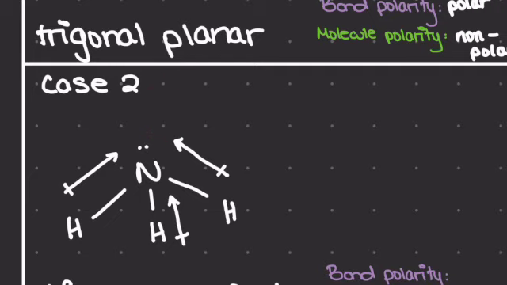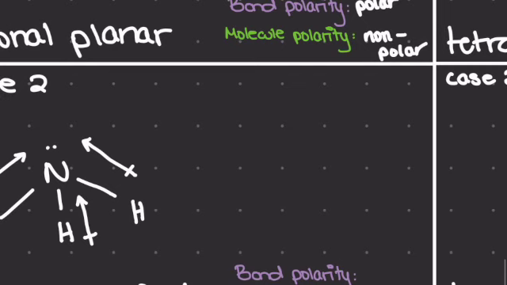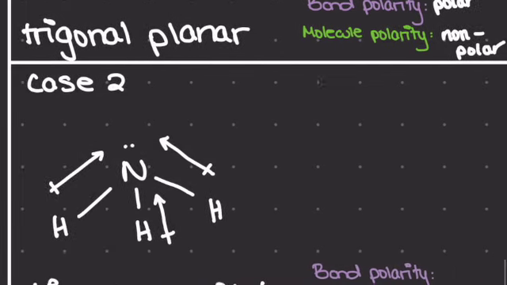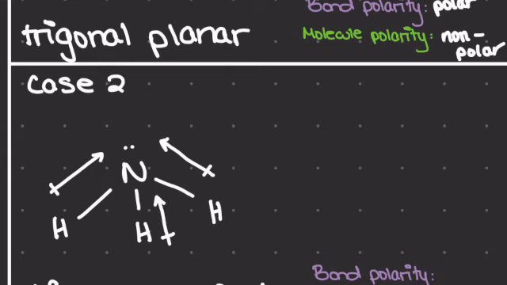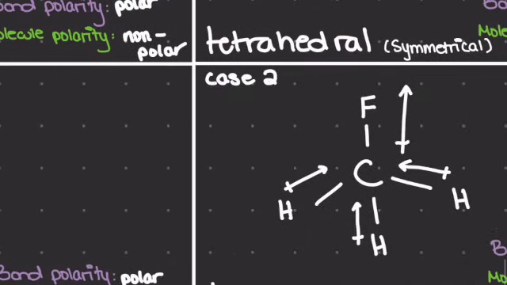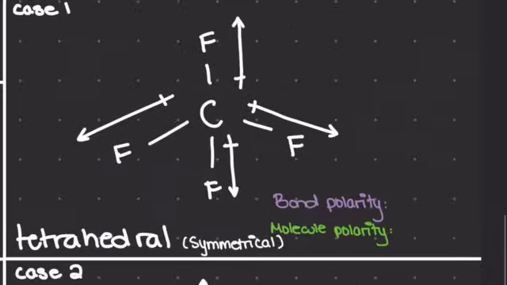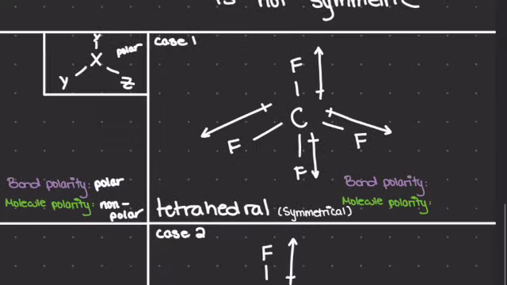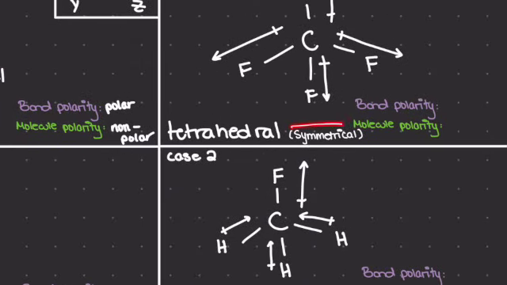If I have a dipole moment, it means my molecule is polar. Now, what about my bond polarity? Can I see a difference in electronegativity? Yes. Therefore, this is also polar.